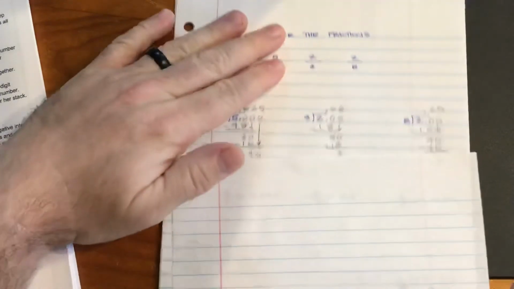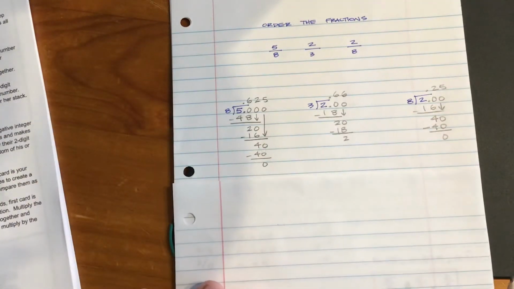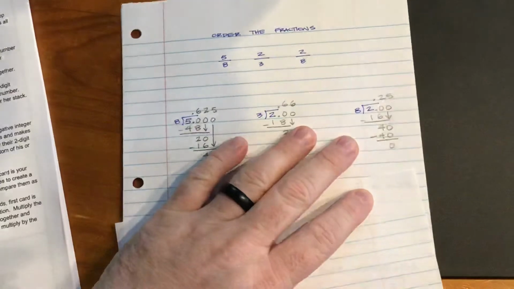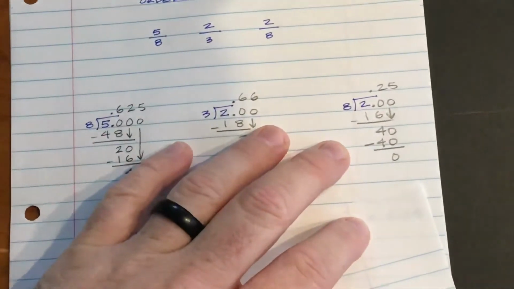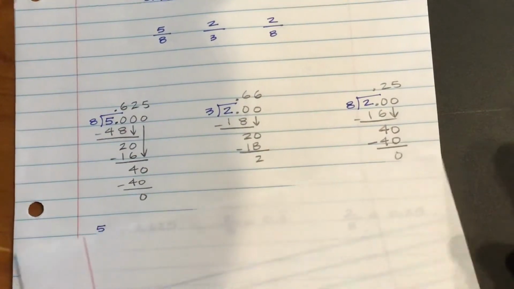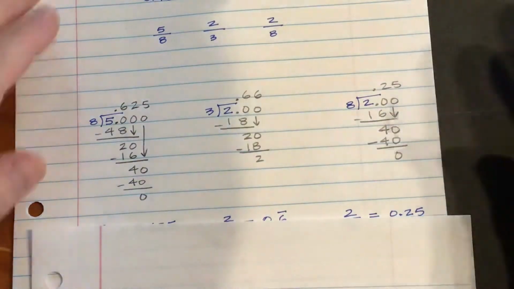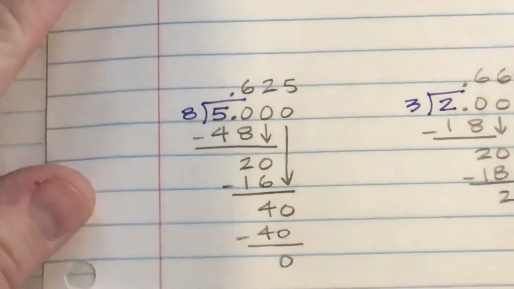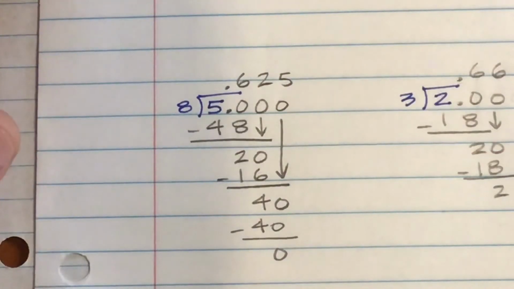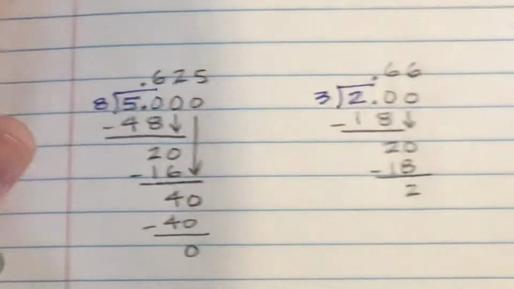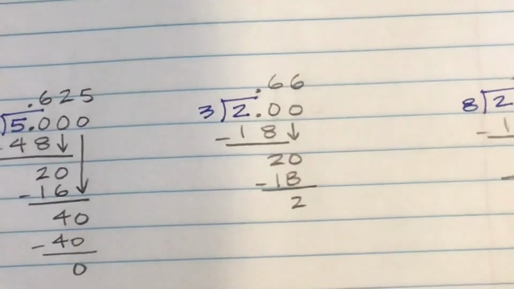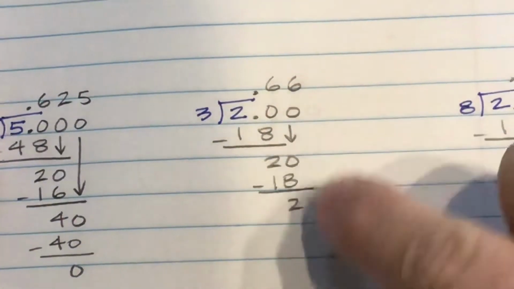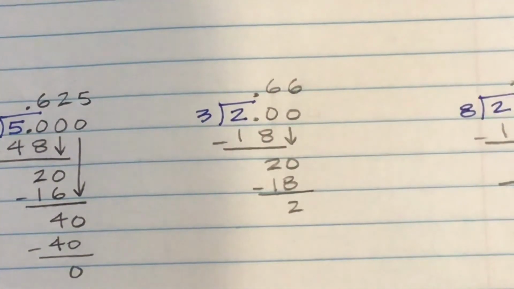One of those strategies is to convert it to a decimal using division. So you can see here I've done that for all 3 fractions. Converting 5/8 is dividing 5 by 8, and that's 0.625. And converting 2/3, you can see that's going to be a repeating decimal that's just going to keep continuing, so 0.6 repeating.